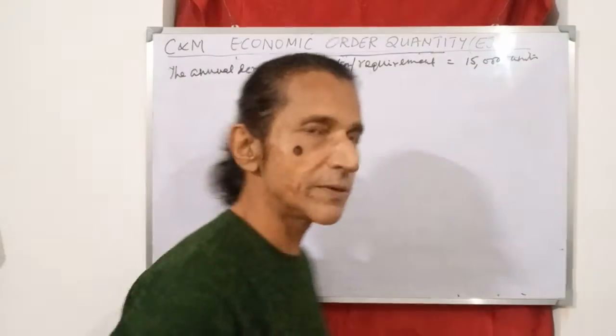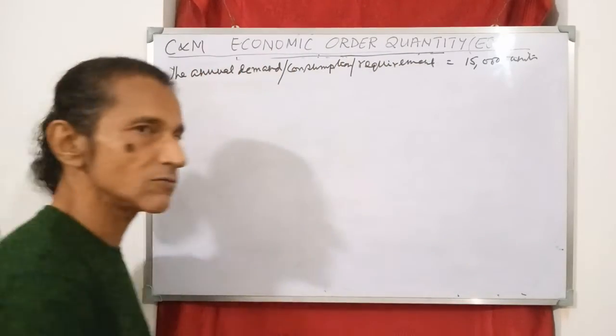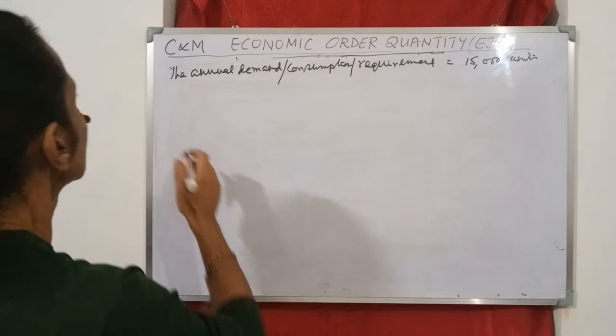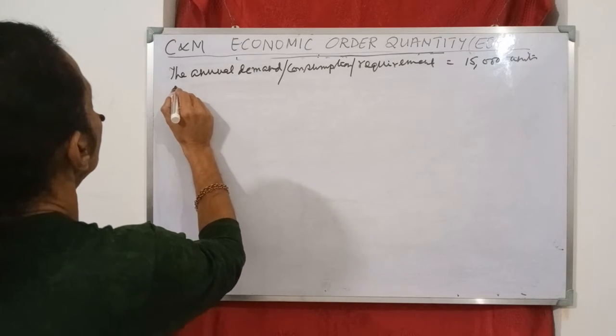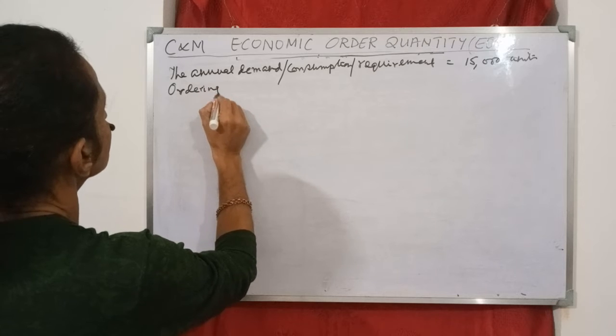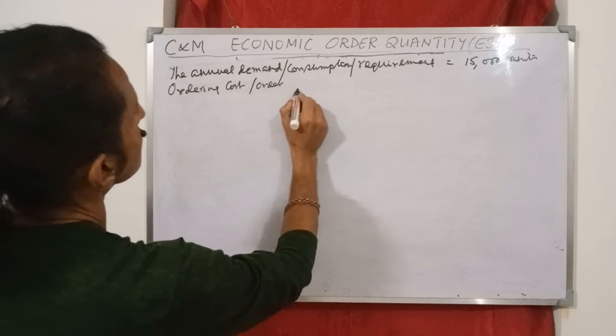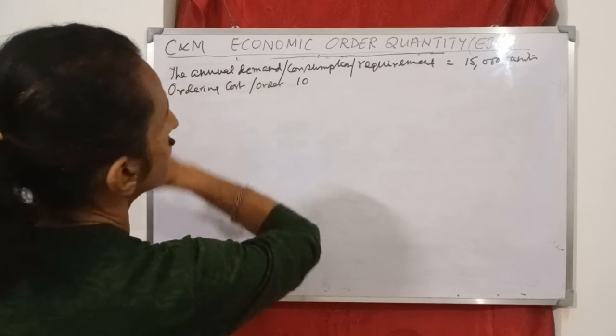So the annual requirement by the firm of a particular inventory is 15,000 units to carry out the production throughout the year. Ordering cost per order is 10.